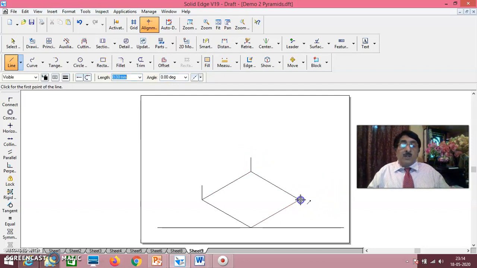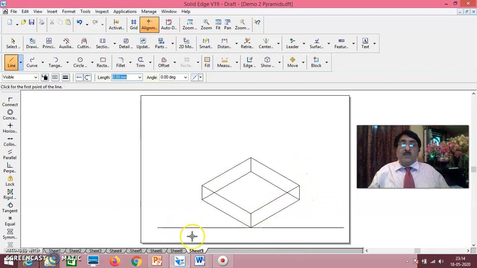From here also, draw 20. From here also, you draw 20. Okay. If you draw this, and if you complete this, you are completing the base solid.